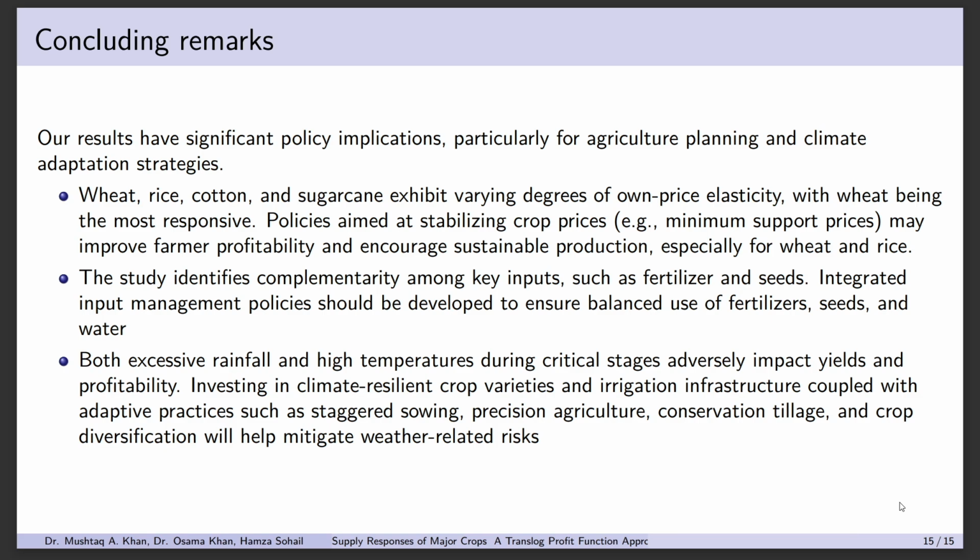We should have policies that educate our farmers on modern agriculture practices, for example, conservation tillage, or staggered sowing, or having precision agriculture as well. So yeah, that's about it from my end, and I'll stop here.